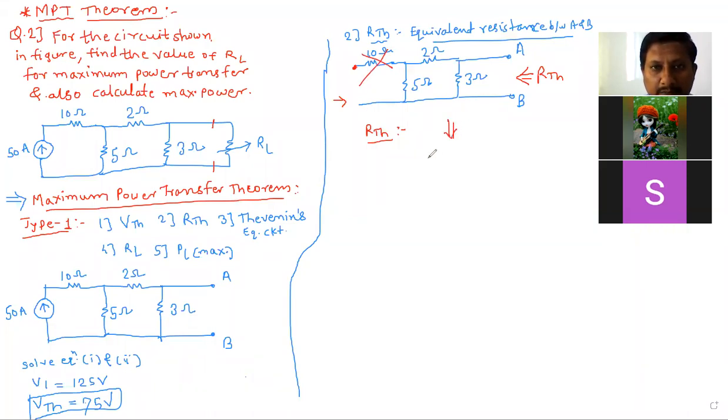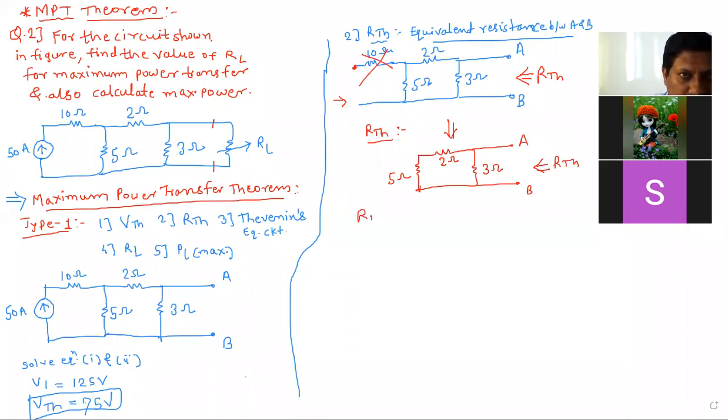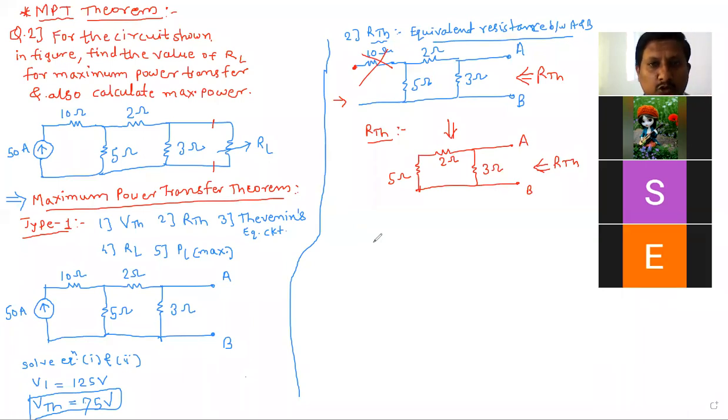So the simple circuit will be only this much. This is 3 ohm, this is 2 ohm, and this is 5 ohm. So 5 and 2 are connected now in series or in parallel? Series. Yes, very good. 2 and 5 are connected in series, and that is in parallel with 3.